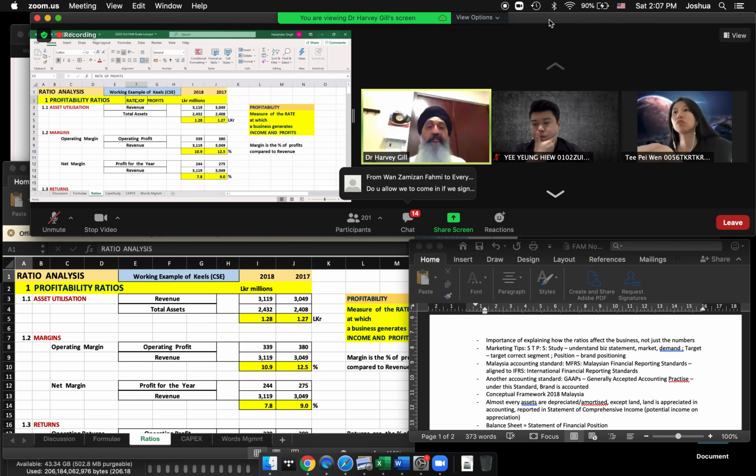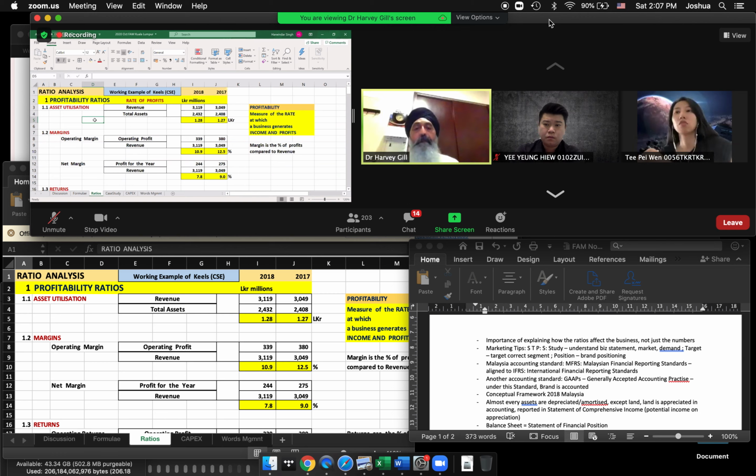We know profit simply means income minus expenditure. But we want to know at what rate we earn income and profit. Of course, our analysis must start with income, with revenue, because no income, no profit.